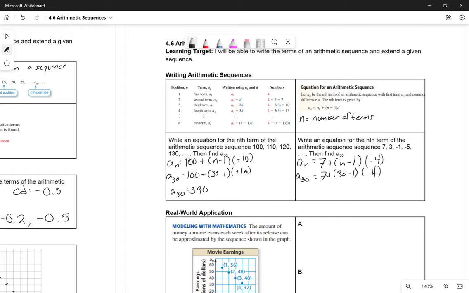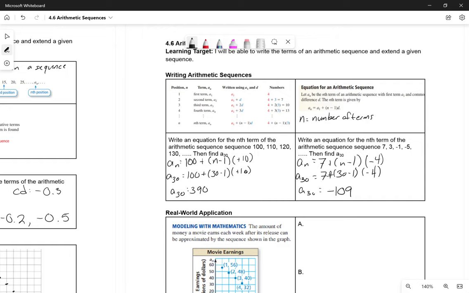And some off-screen calculations will give us our 30th term, which I am doing currently. We shall get the 30th term of this arithmetic sequence to be -109.